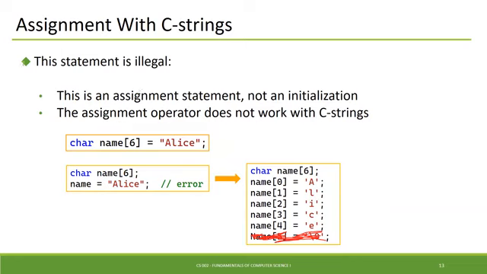If you don't have this one and I print out name, sometimes you will see Alice, and sometimes you will see Alice and some garbage values at the same time. Do you understand? So always put null. If not, you will see some garbage values.